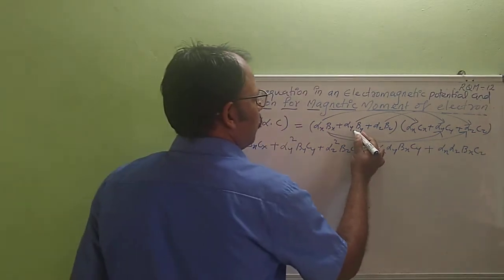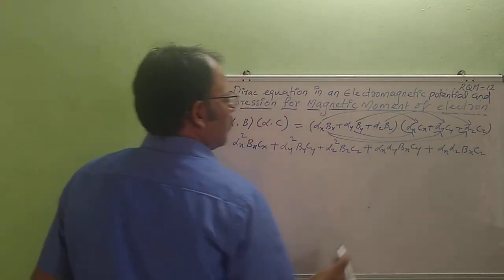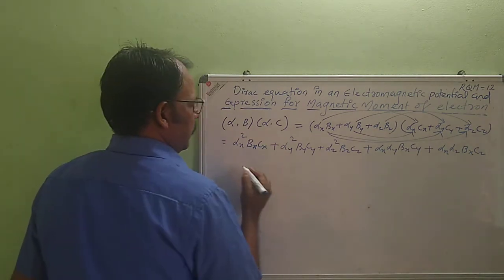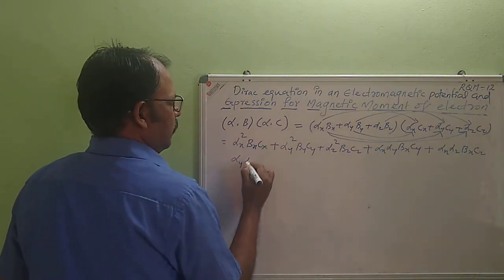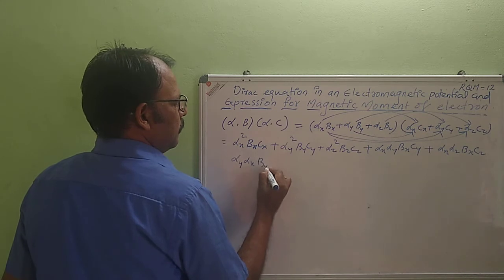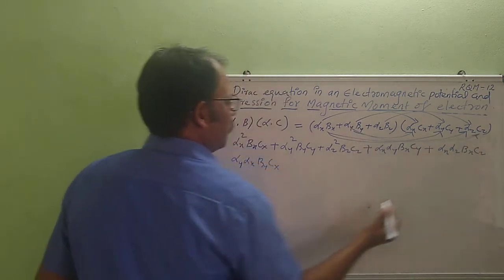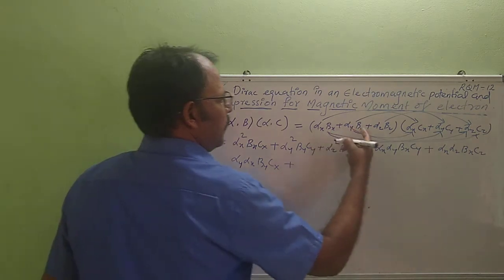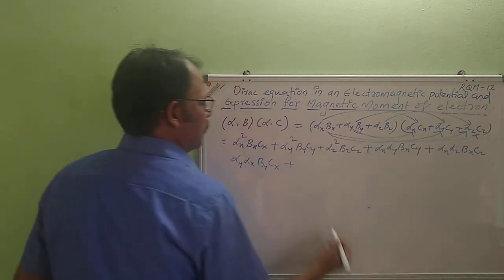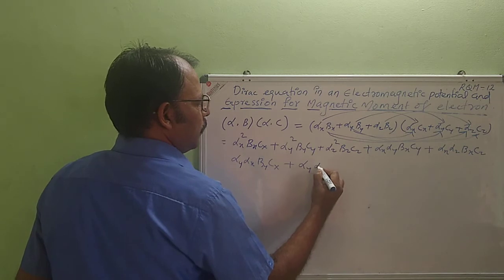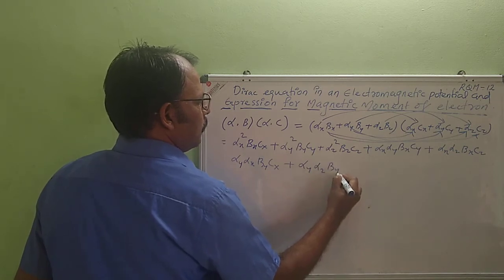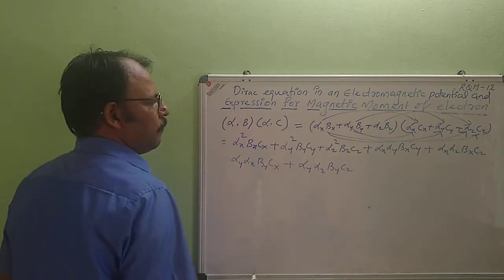Alpha y By with alpha x Cx gives alpha y alpha x By Cx. Alpha y By with alpha z Cz gives alpha y alpha z By Cz.